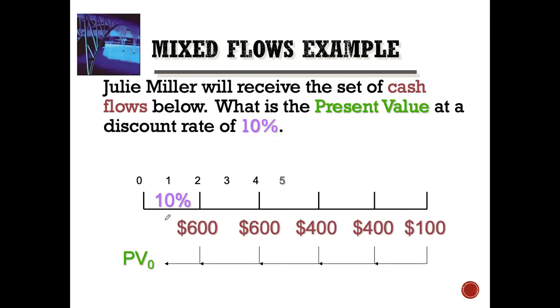Okay, this one is a mixed flow example. Julie Miller will receive the set of cash flows below. What is the present value at a discount rate of 10%? So interest is 10%. Sorry, this one should be here.